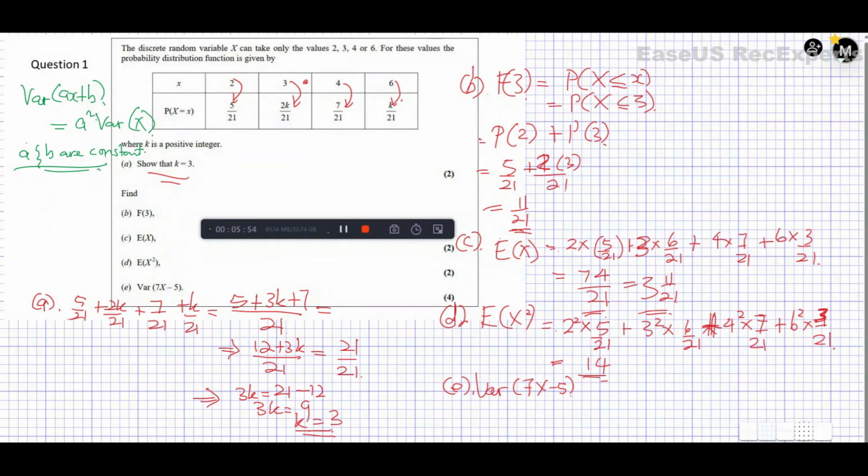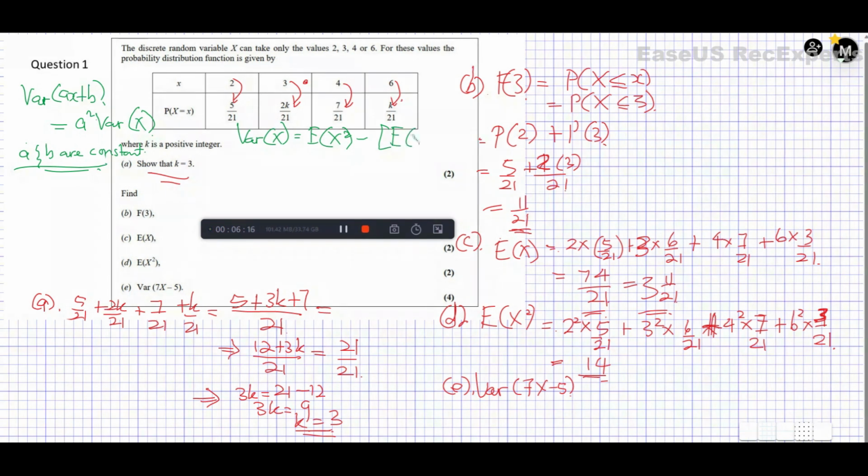So you find the variance of X and then you times it by a squared. First step, we have to find the variance of X. The variance of X is E(X squared) minus the expectation value, which is the mean. We already got that.